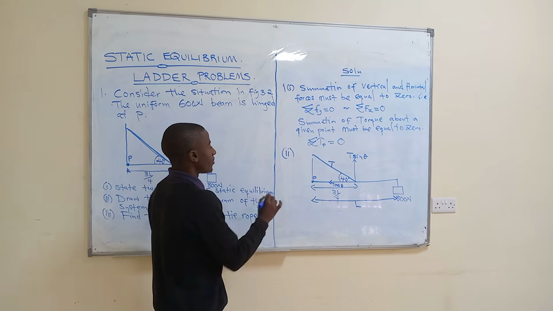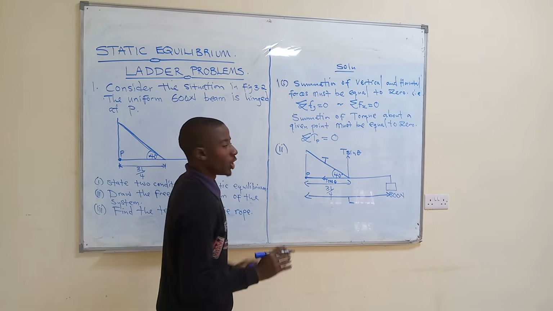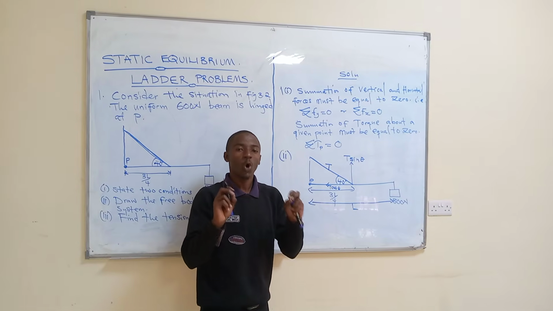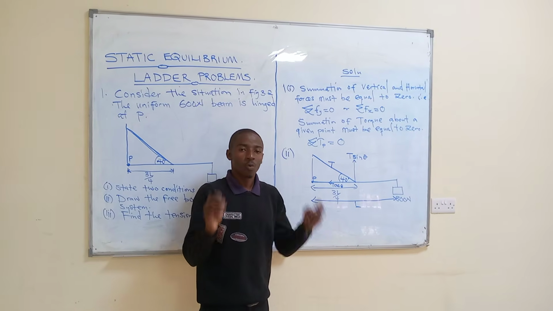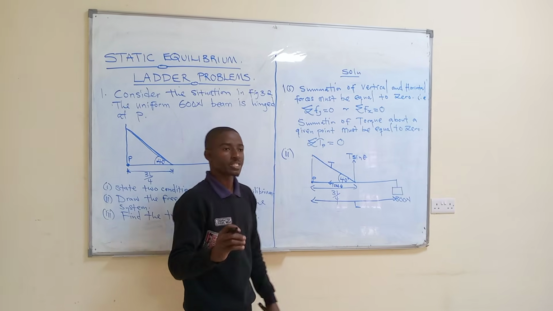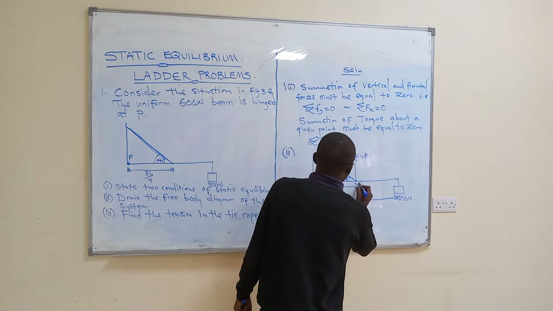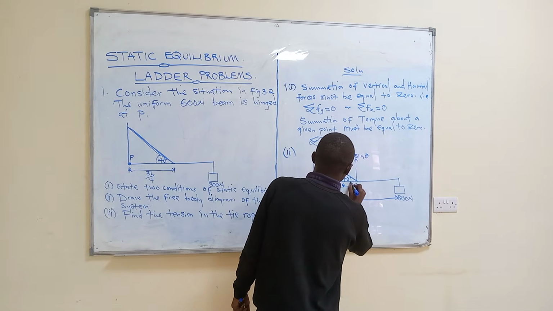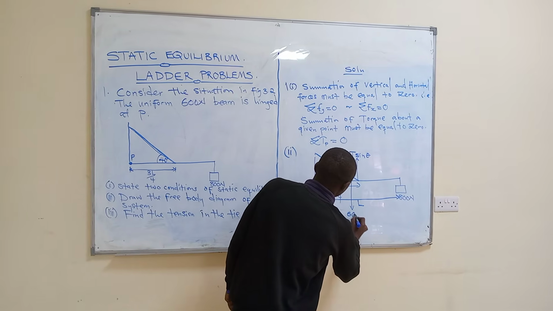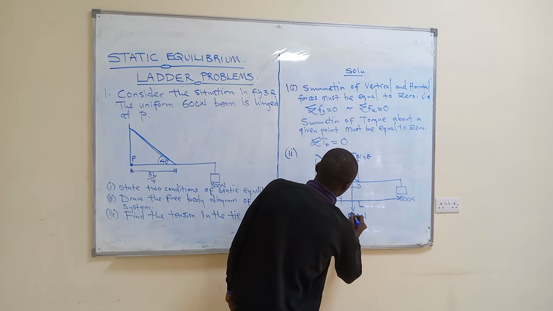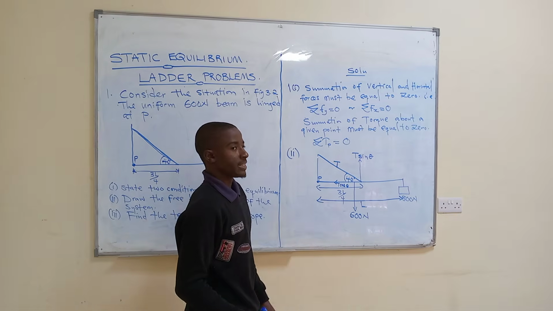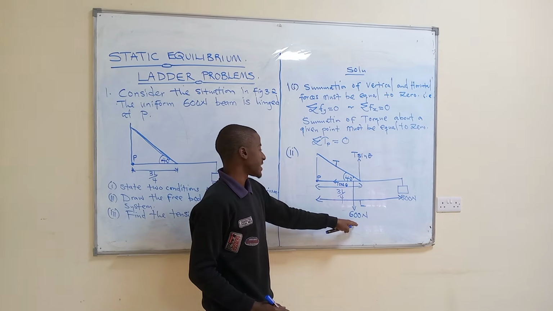Now, from there, what you have to bear in mind is that always the weight of the ladder or any uniform body always acts at the center. Why? Because that is where the center of mass or its weight is concentrated. So I'm going to put the weight force, which is 600 Newton. This weight is acting at the center.